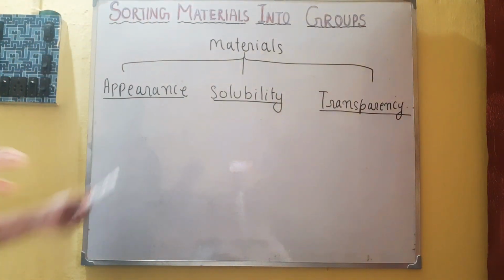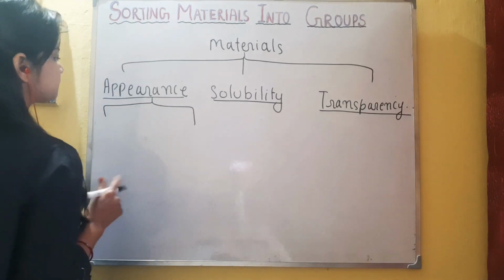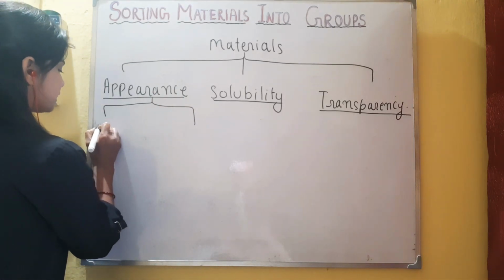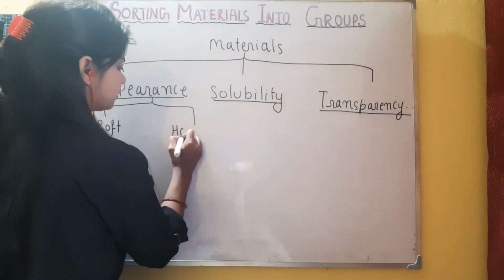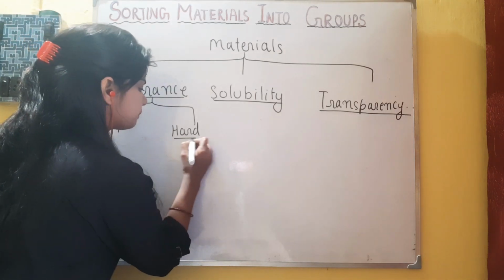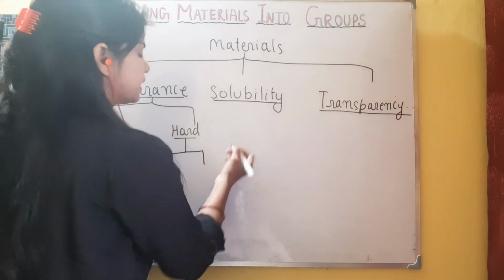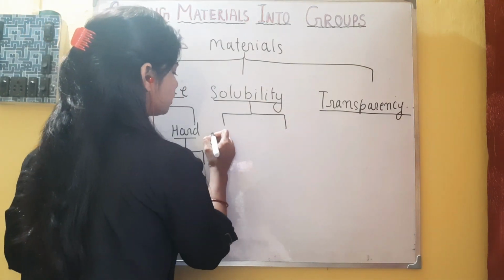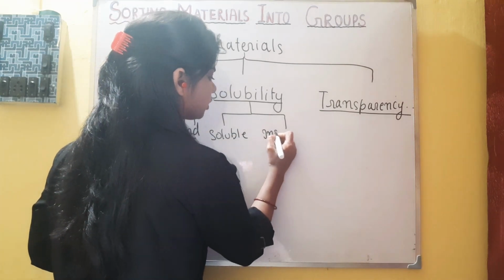So let's start with appearance. On the basis of appearance, we divide materials basically into groups like soft and hard. Then on the basis of solubility, we divide materials into two groups, soluble or insoluble.